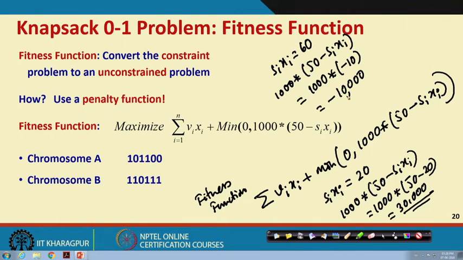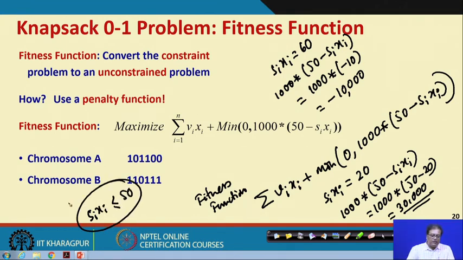In the first example, S_i x_i is 20, that is within the constraint; S_i x_i should be less than 50, isn't it? That was our constraint.